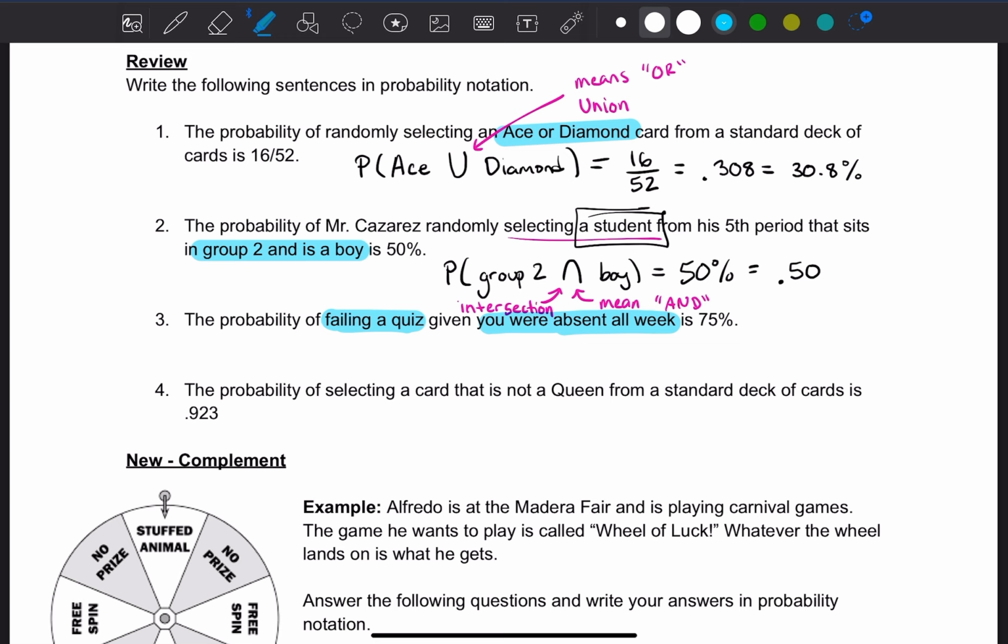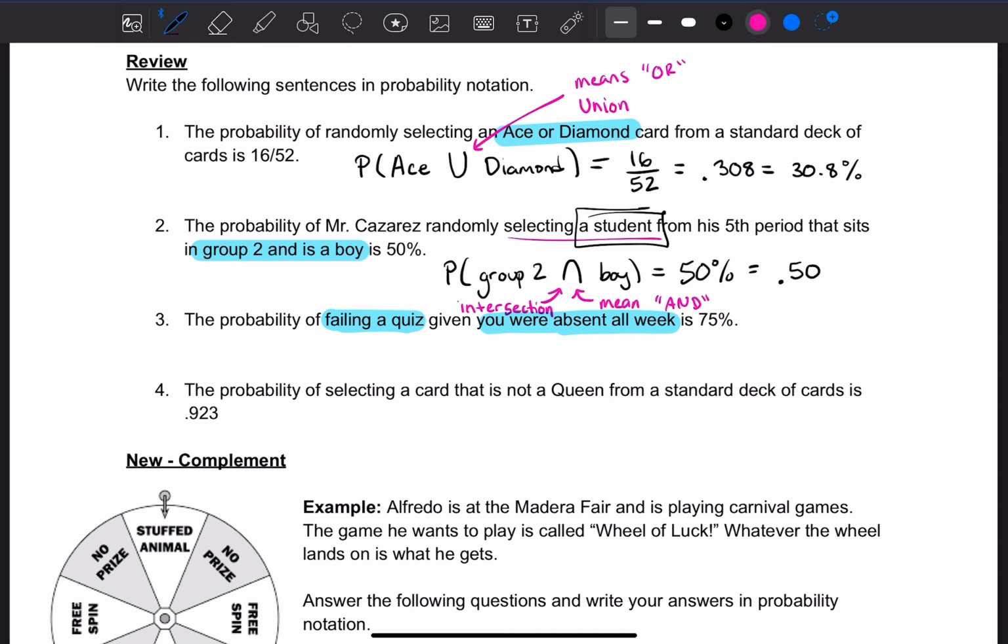So not just probability of failing the quiz, but failing the quiz given you were absent all week, which means you were absent all week and then you took a quiz, right? And the probability of that happening is pretty high. It is 75%. And I hope that makes sense to you, because if you're absent all week, then yeah, we would probably expect that you wouldn't do too well on the quiz, okay?